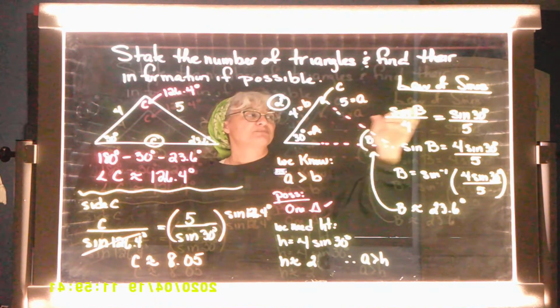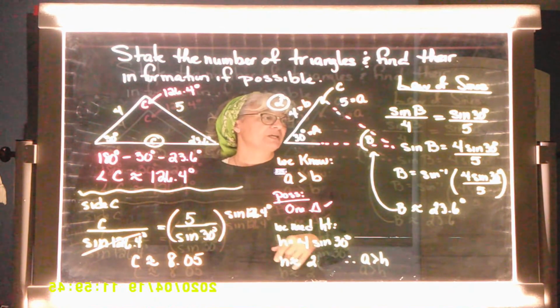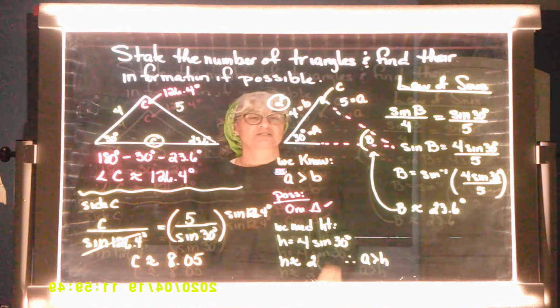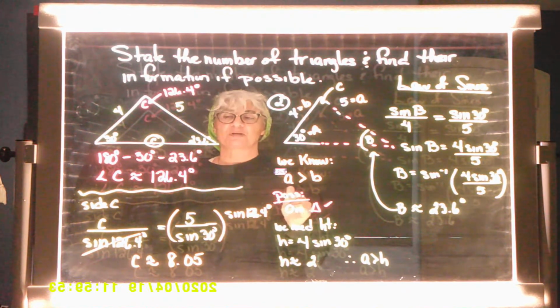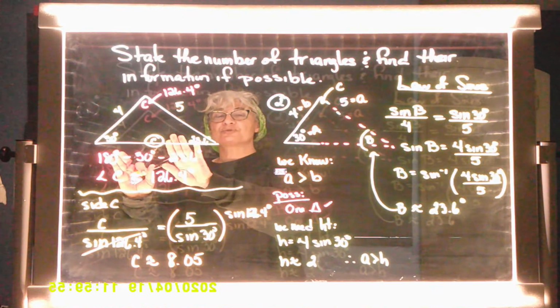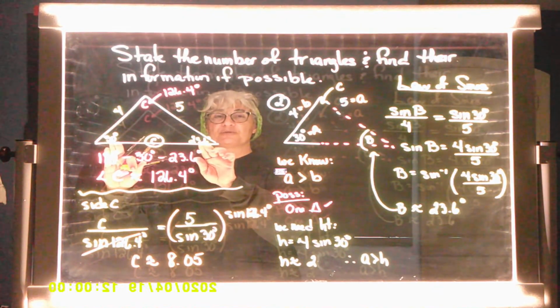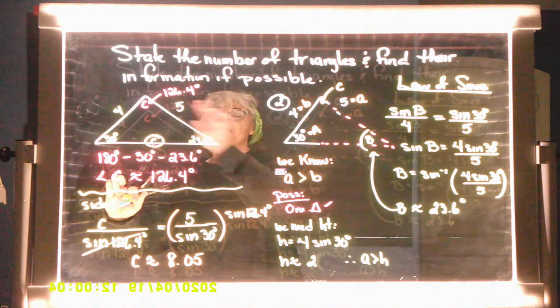So notice I put both the sines on top, both the sides on the bottom. And when I did my algebra, I ended up with angle B being approximately 23.6 degrees. Good? Okay, so back over here we redrew the triangle. So here's our 30 degrees and our 23.6 degrees. And that made it easy to find angle C.